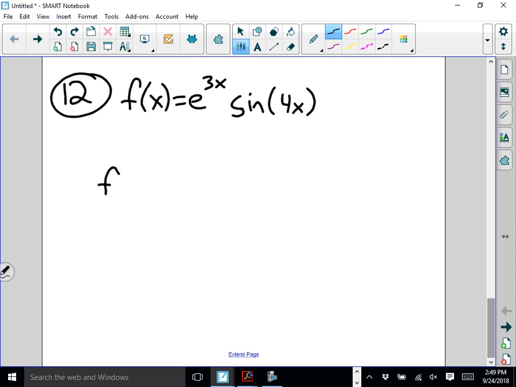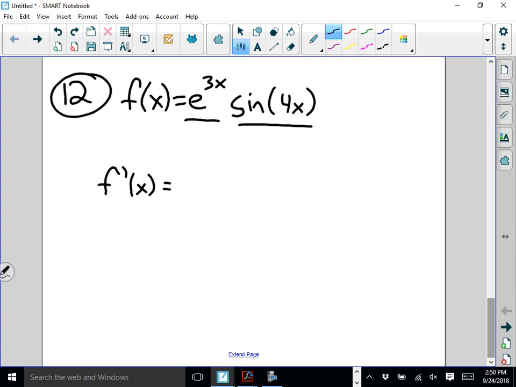I highlighted problem 12 because, as we can see, we have a function, e to the 3x, times another function, sine of 4x. So clearly here we need to use the product rule. But both of those functions, e to the 3x and sine of 4x, are compositions of functions as well. So when I do their derivatives, I need to do the chain rule.